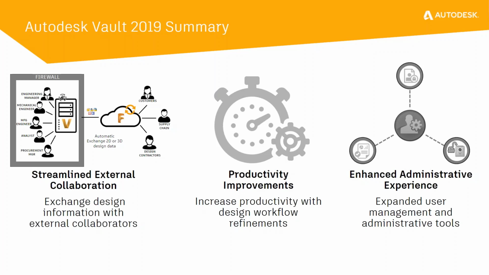The improved design workflows section is focused on productivity improvements for CAD users, such as checking out files within the Inventor BOM dialog, as well as keeping the Vault BOM and CAD BOM in sync. And then finally, we have the enhanced administrative experience. This is where we have improvements in areas that include new custom role capabilities, which have been added to allow administrators to create and manage additional roles.